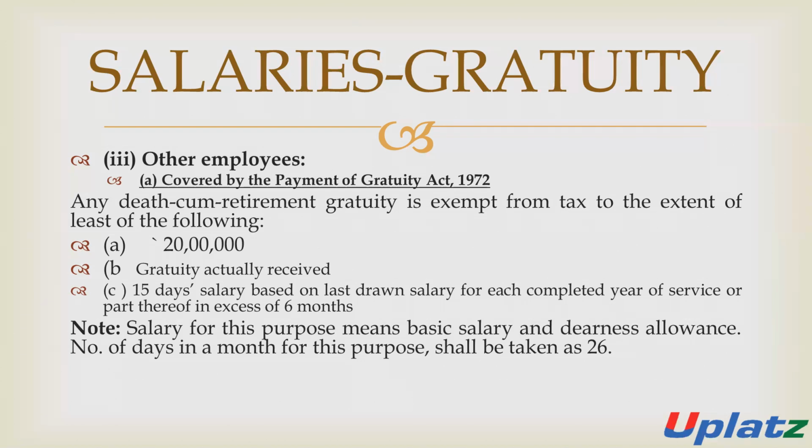Any employee who is covered by the Payment of Gratuity Act 1972 and receives any amount of death cum retirement gratuity, then it will be exempted but only up to a certain limit. If he receives any sum of death cum retirement gratuity, then such amount will be taxable.